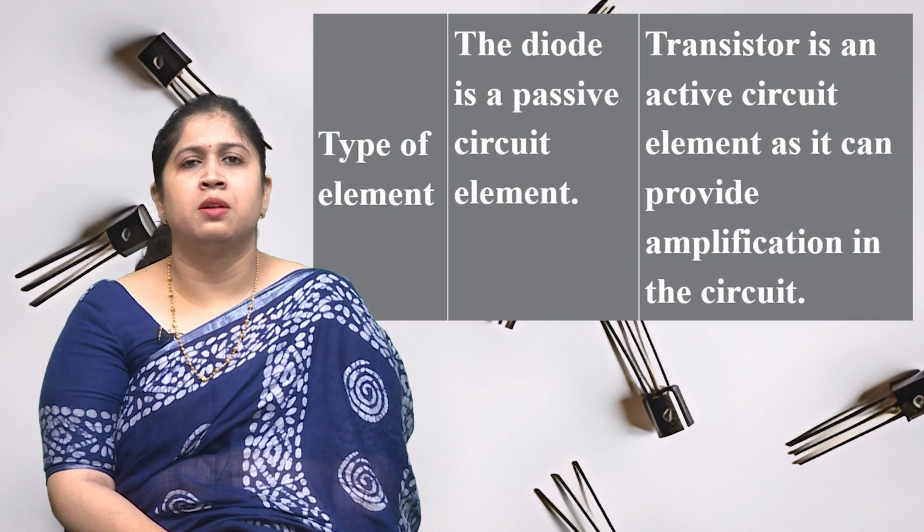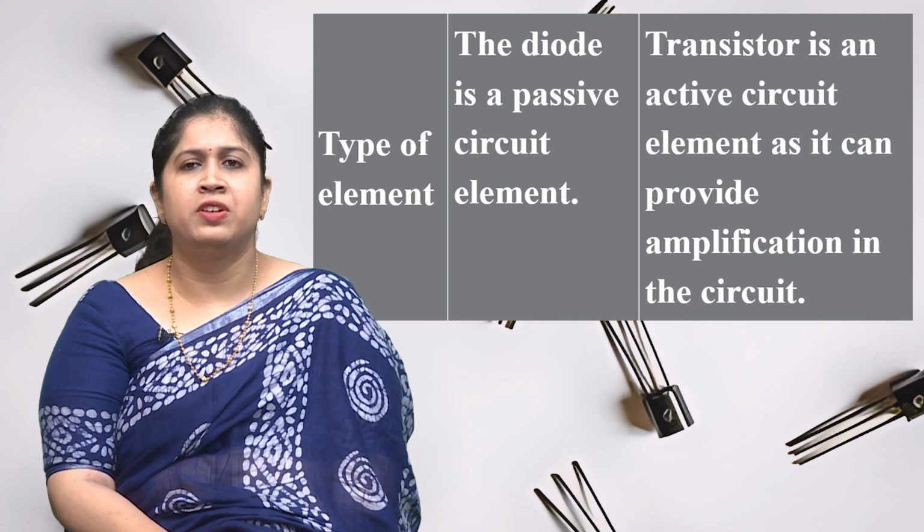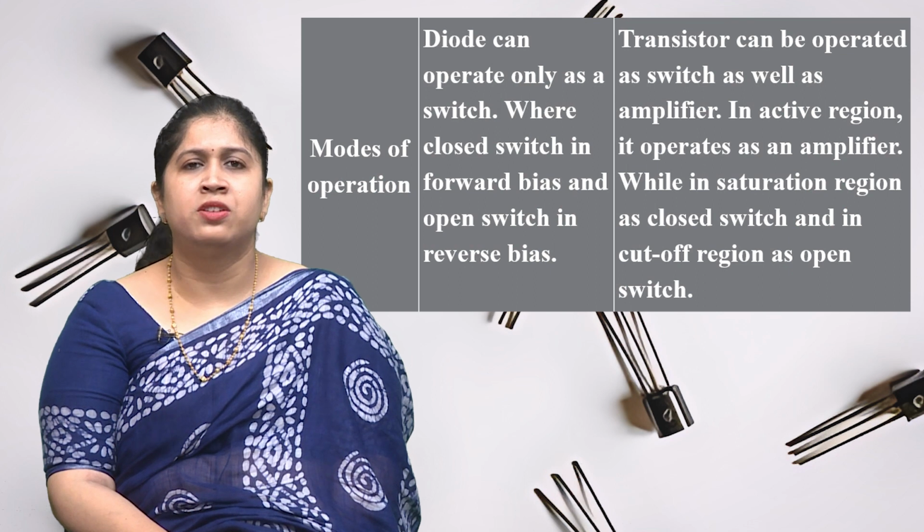Type of element. The diode is a passive circuit element. A transistor is an active circuit element as it can provide amplification in the circuit. Modes of operation.